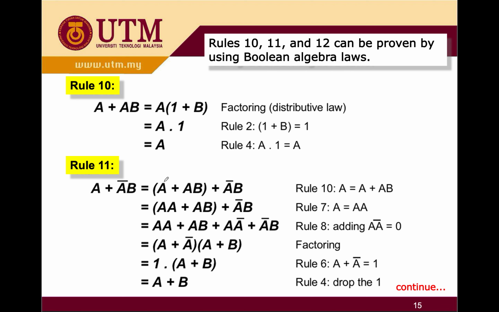So over here you can have A plus A bar B equal to A plus AB plus A bar B. What happened? Let me see.